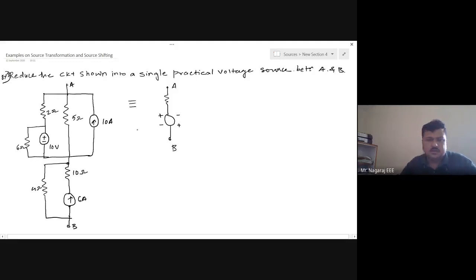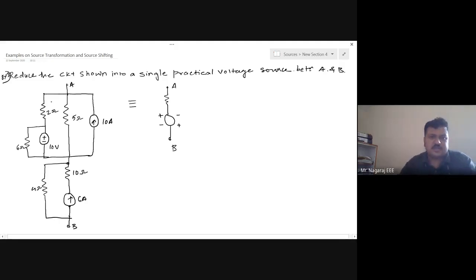Sometimes it will not be necessary to transfer everything at once. So first we should look at what we'll get after transformation, and whether that step is reducing the simplification or adding a step to it.